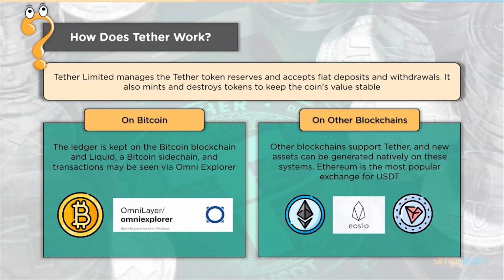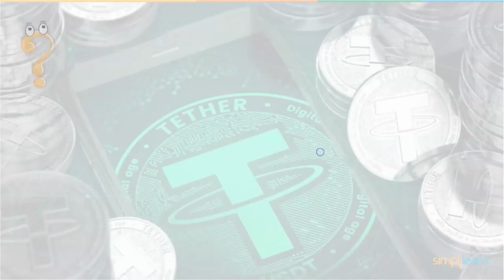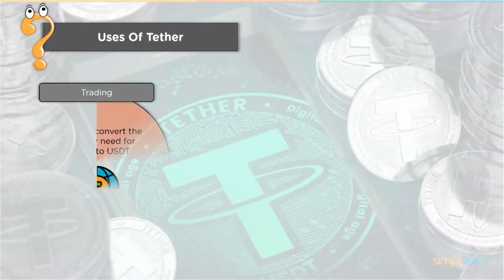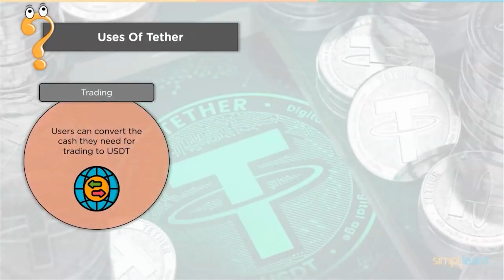Let's look into the uses of Tether. Tether has established itself as a necessary component of the cryptocurrency markets. Currently, crypto trading pairs priced in USDT and other stablecoins outnumber those priced in US dollars. To be more specific, there are three most common use cases. First is trading.